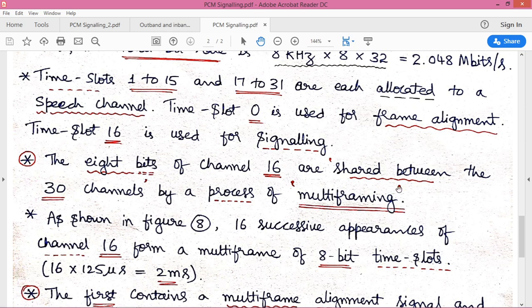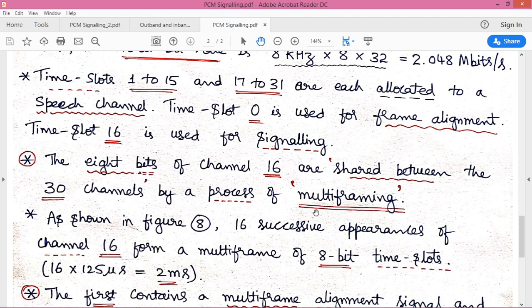So this is very important. Inside PCM signaling we make use of multiframing. Multiframing is used in order to share whatever data is available in time slot 16 among all 30 different speech channels, and that process is known as multiframing.